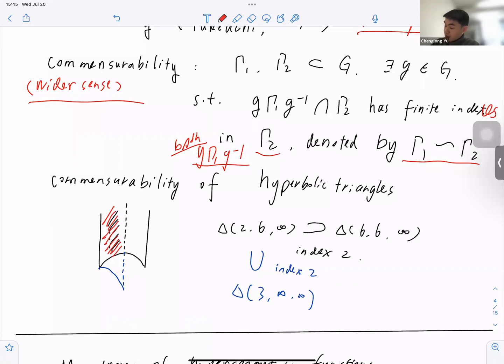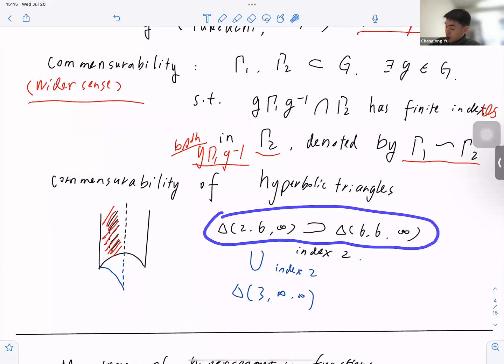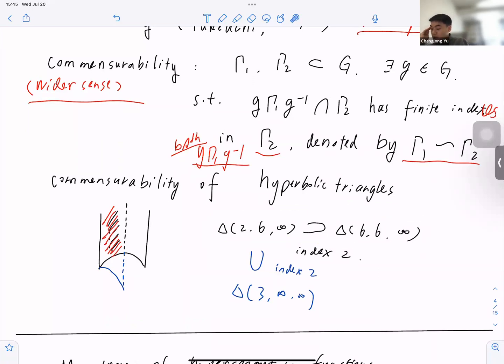So this proves that the modular group contains a subgroup, a triangle group, and these two triangle groups will have this commensurability relation, and the index of these two groups is just 2.